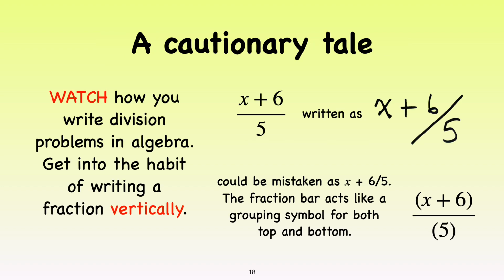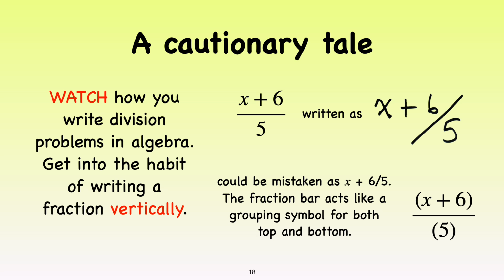Here's an example of what not to do. If you had x plus 6, all of that divided by 5, and you wrote it as x plus 6 with a slash between the 6 and the 5, that could be mistaken as x added to a fraction 6/5. But the fraction bar acts like a grouping symbol for both top and bottom.